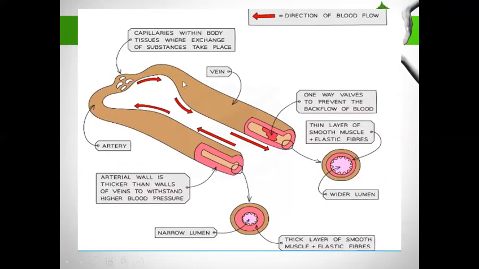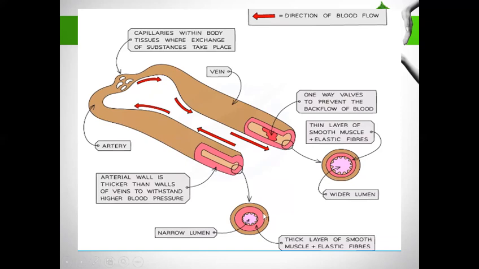As you can see here in the diagram, the internal lumen of the artery is very narrow, and the walls are very thick. They also have more elastic muscles.